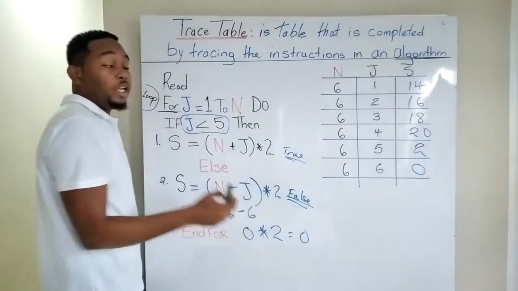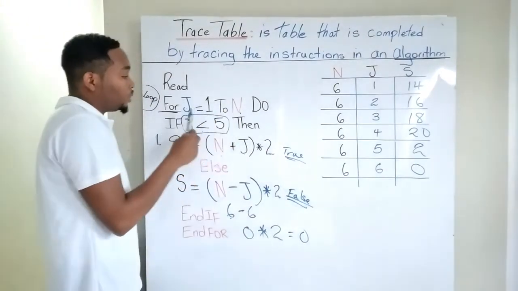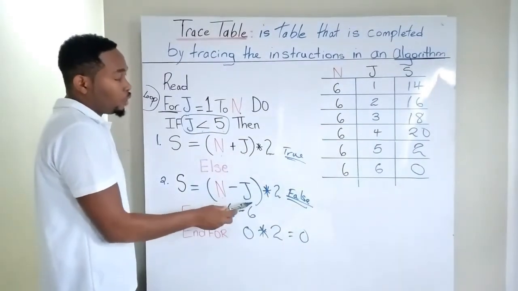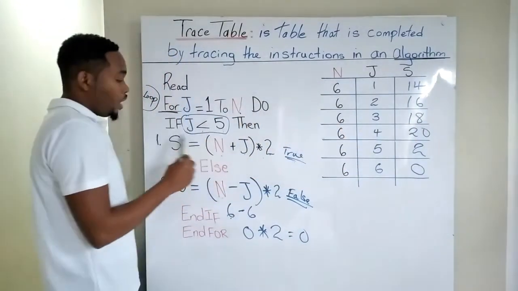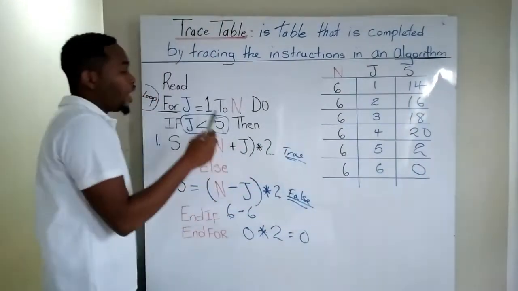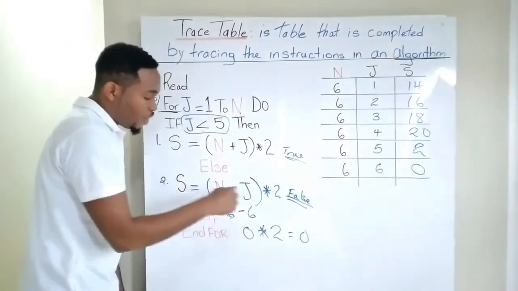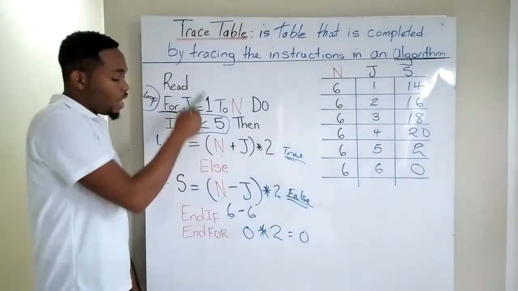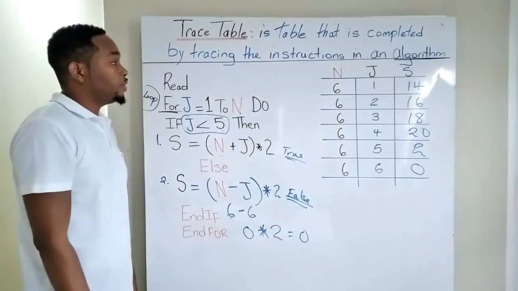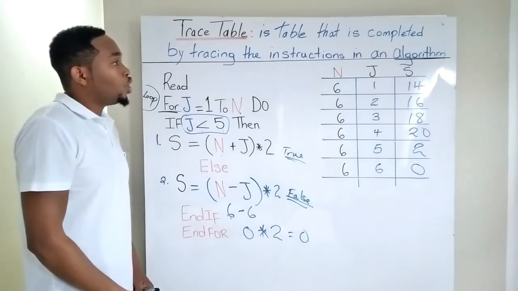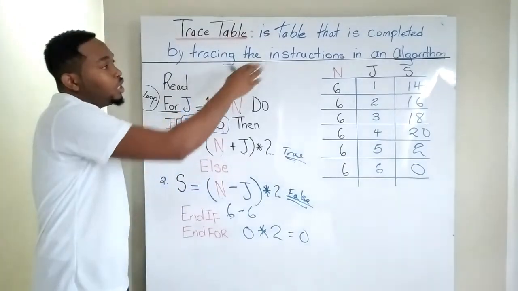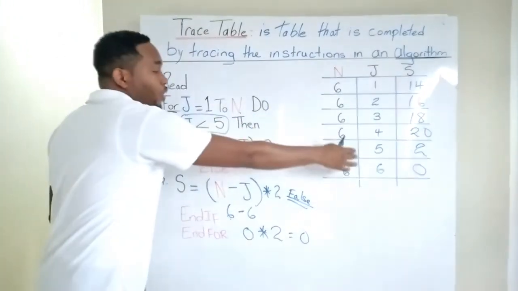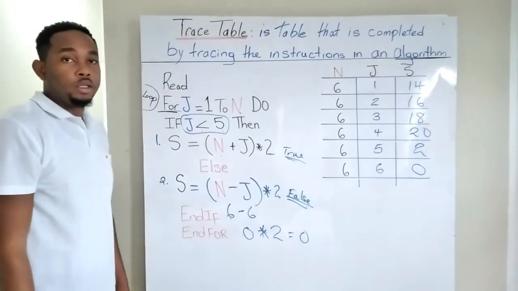It's an input value, but it is changing. So j changes and s changes. We identify all our variables and create column headings, and then we execute this algorithm. That's how we trace the instructions from the algorithm into our trace table. That's it.